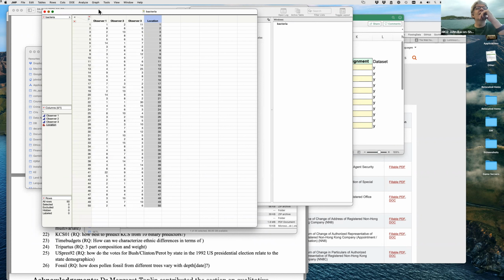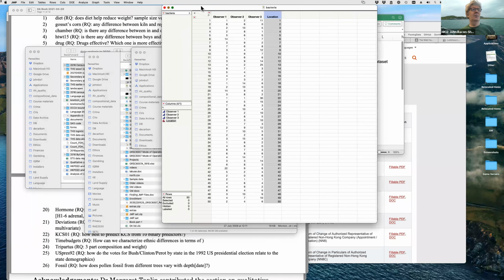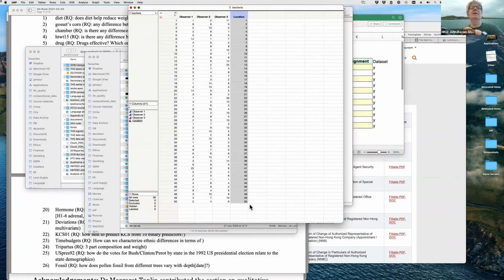This is the number of bacteria counted using 3 different counting machines at 50 different locations. So location 1, we got counts of 1, 2, and 11. Location 2, we got counts of 8, 6, and 0.